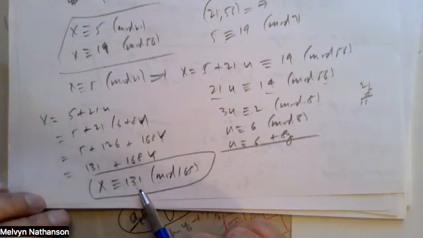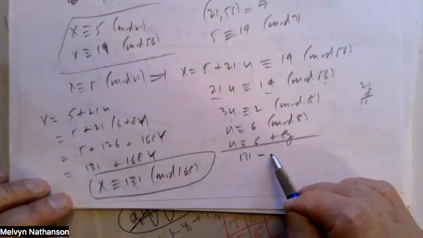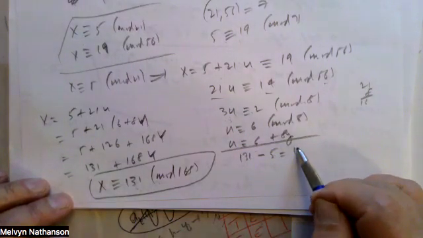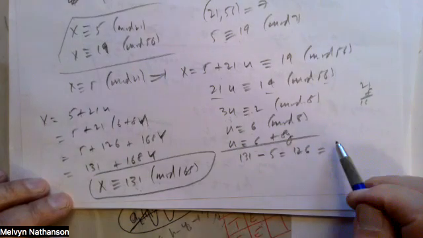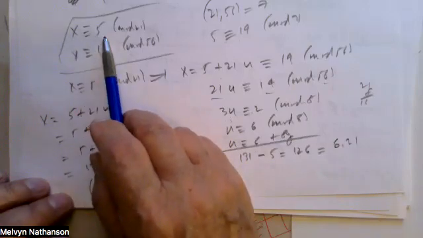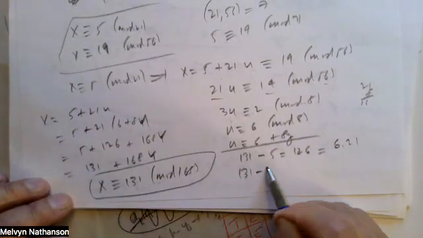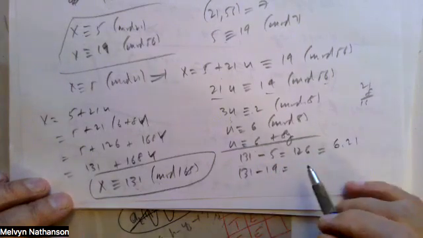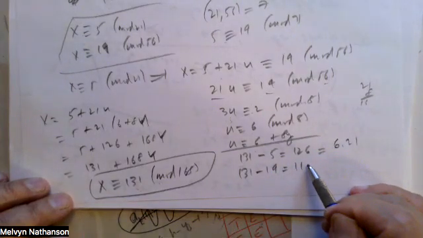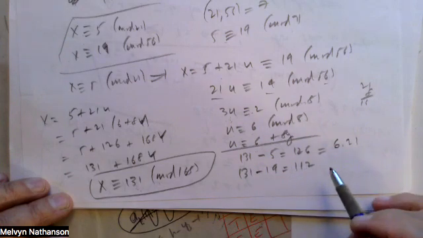Let's check that 131 is a solution. So 131 minus 5 is 126, which is 6 times 21. So 131 is congruent to 5 mod 21. 131 minus 19 is 112.